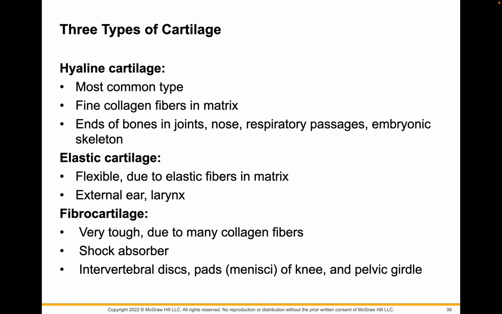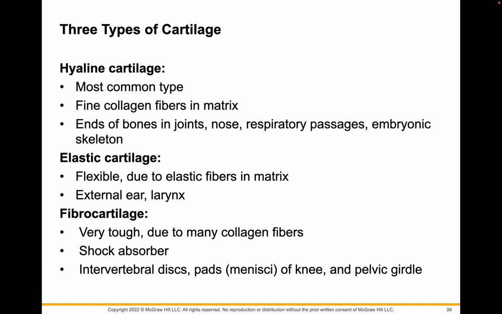So where do you find elastic cartilage? Remember, elastic is where it can bounce back. So think about the outside of your ear. You can easily bend it like in half, and then you let go and it bounces back into shape. And then fibrocartilage is your shock absorber. This is the most tough. It has a lot of strong fibers, and this is where you're going to find, if it's a shock absorber, where you're putting the most pressure.